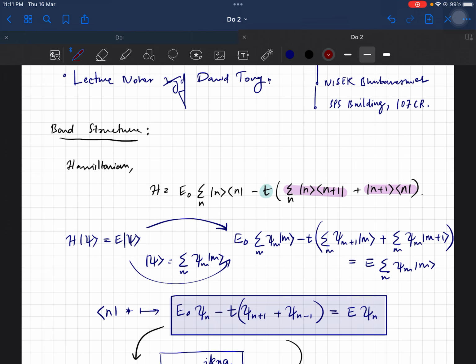What am I trying to get? I know the eigenstates; I want the eigenvalues of those states. I want the energy levels.